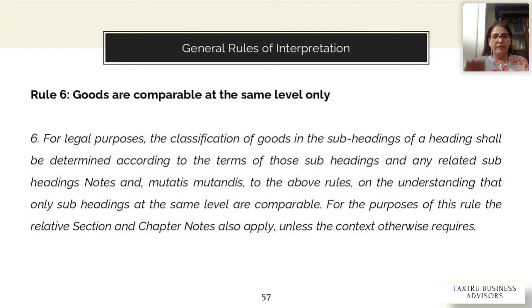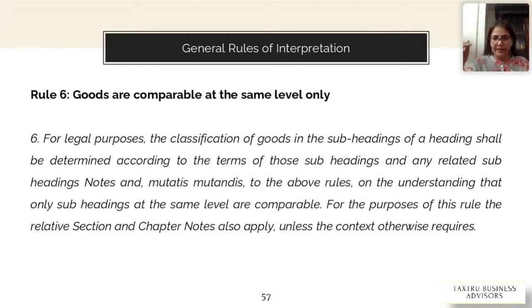Goods are comparable at the same level only. That means if I have a question or ambiguity, then they have to be compared at the level of either heading, subheading or residual entry. You cannot compare two things at different levels. So whatever you want to compare has to be compared at the same level only. For legal purposes, the classification of goods in a subheading of a heading shall be determined according to the terms of those subheadings or any related subheading notes.